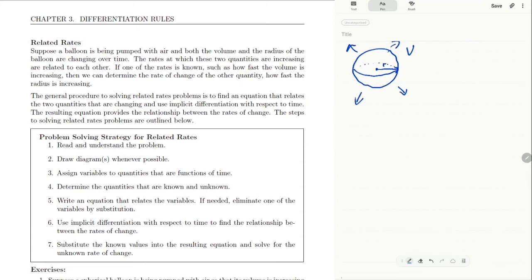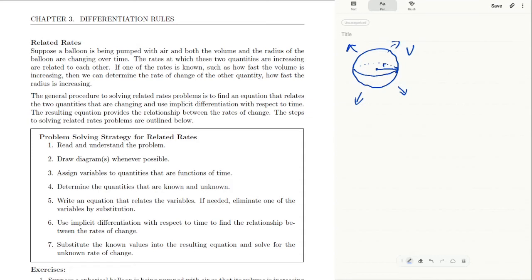The rates at which these two quantities are increasing are related to one another. If we happen to know one of these rates, such as how fast the volume is increasing, then we can determine how fast the other quantity is changing.